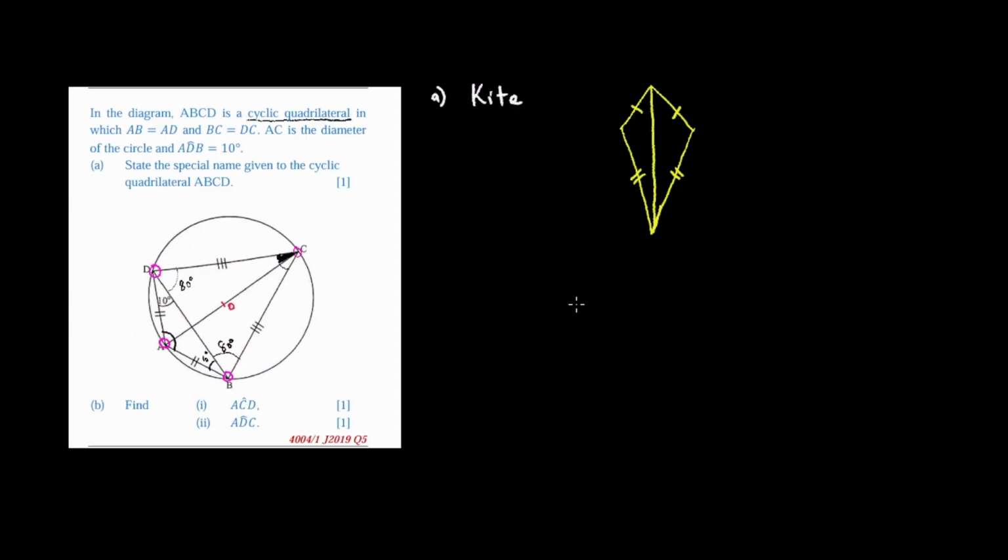The property you should know is that this line, in our case AC, is a bisector, or in full, an angle bisector. It divides an angle into two equal parts. That is what it means. So AC divides this angle here into two equal parts, and it will also divide this angle into two equal parts, because this line AC is a bisector.